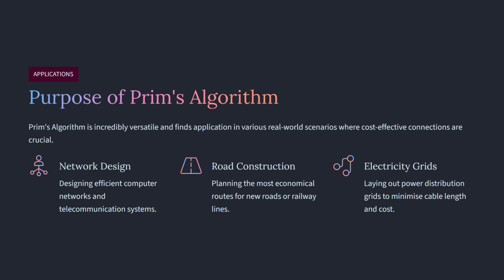In real life, this can be used in designing computer networks where we want to connect multiple computers using minimum cable length. It is also used in building road networks, railway tracks, water pipelines, and electricity grids. So basically, whenever we want to connect many locations in the cheapest way, this algorithm becomes very useful.